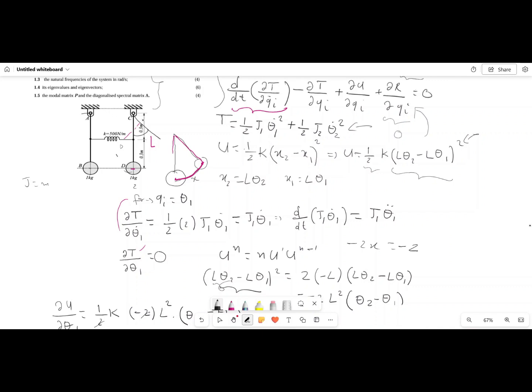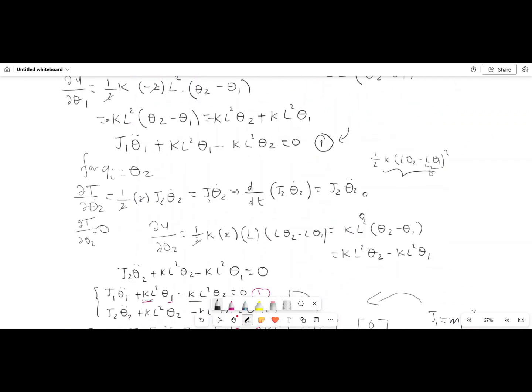That distance is 0.6, which we call L squared. For object 1, the mass is 1 kg, so we have 1 times 0.6 squared. The mass at 1 is the same as the mass at 2, and they are both at the same distance, so you only have to calculate one and repeat it. That's just it, my boss.